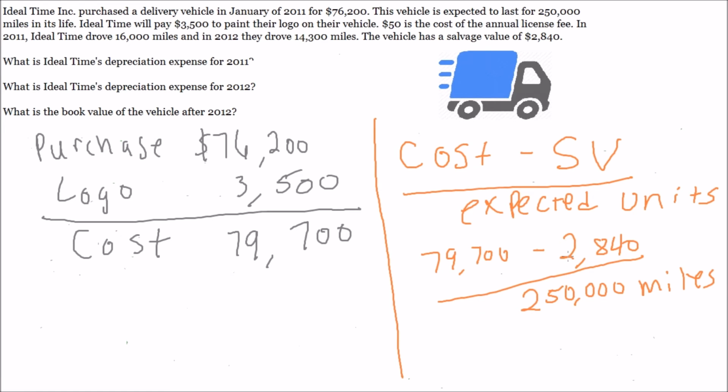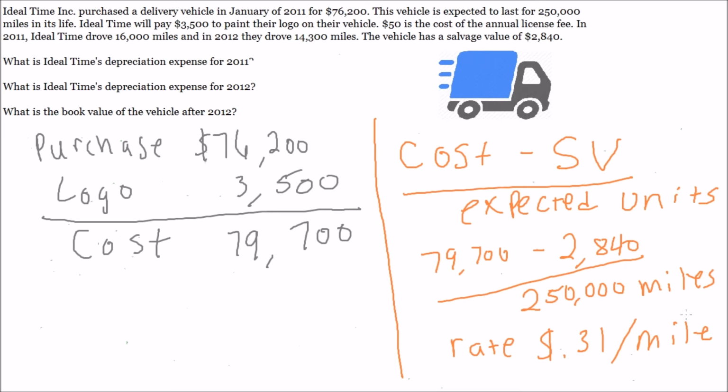All right, so it comes out to be about, this is your depreciation rate. You're going to depreciate this vehicle at a rate of 31 cents per mile. So every mile you drive, you depreciate it at 31 cents.